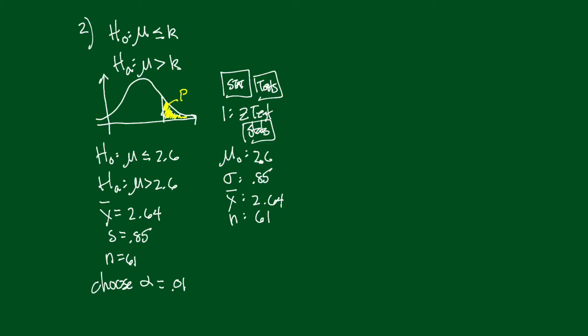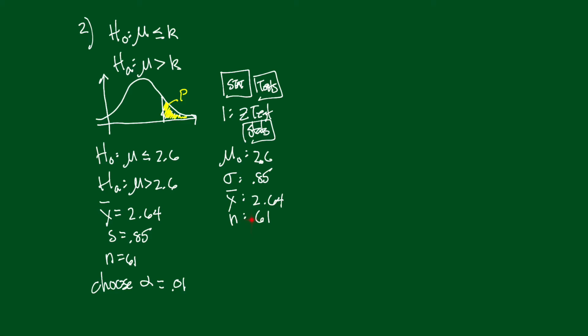Now, go to Stat, over to Tests, select number 1, Z-test. Select statistics, because we're not putting in data, we're just putting in the statistics. Mu naught, that's what we're testing, 2.6, probably there from the last time we did this. Sigma, 0.85. But now X bar is different than the last example. Last example, I think it was 2.4. But now we have 2.64, so put in 2.64.